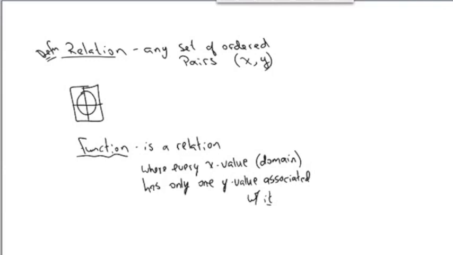So a function is a relation where every x value, the domain values, has one associated y value, and the y value is called the range. So basically it boils down, for every domain value, there's exactly one range value. For every domain, there's exactly one range.